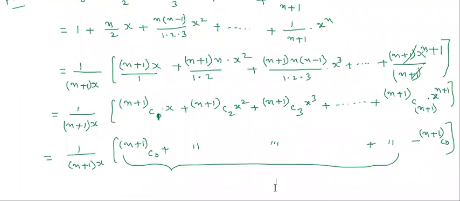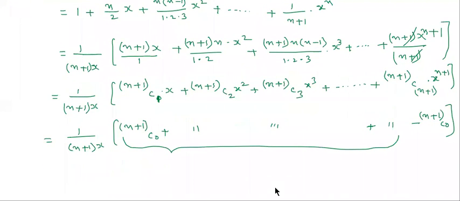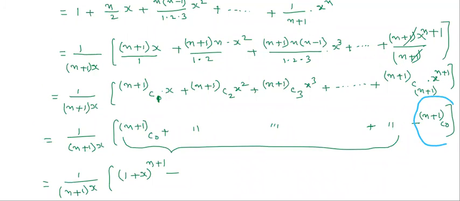How to write the expansion? 1 by n plus 1 into x. Students, how to write the expansion? That is (1 plus x) whole power n plus 1 expansion only, minus n plus 1 C0, whose value is 1.